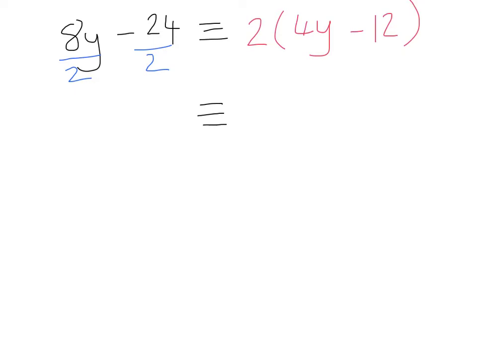So take that number and multiply it by the one you already have outside the brackets. 2 times 2 is 4. And then just like before, divide both these terms by 2. 4 divided by 2 is 2y, and 12 divided by 2 is 6.